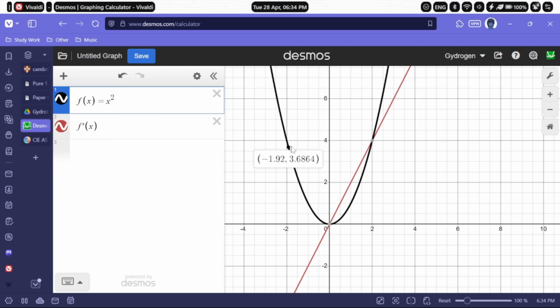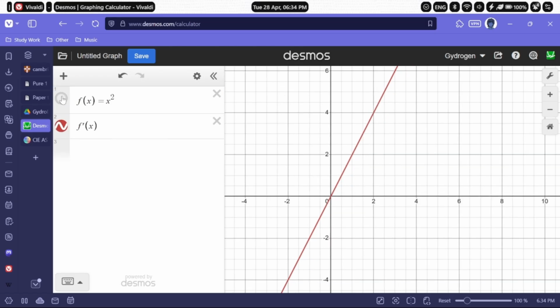Anyway, if you look at a point like this, the gradient over here is negative, right? If you draw the tangent to the curve over here, it's negative. At the same time, observe your f prime of x, because your f prime of x represents your gradient function.